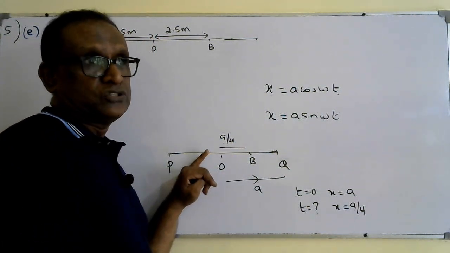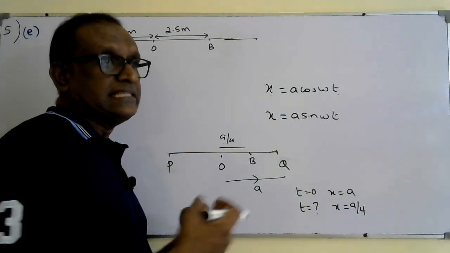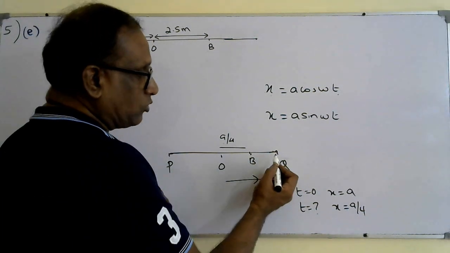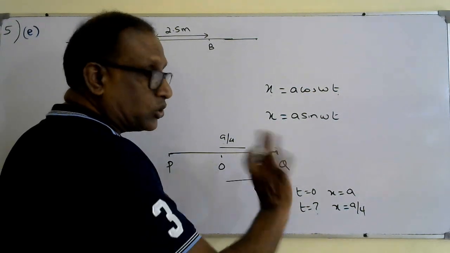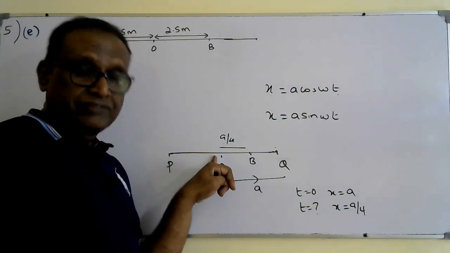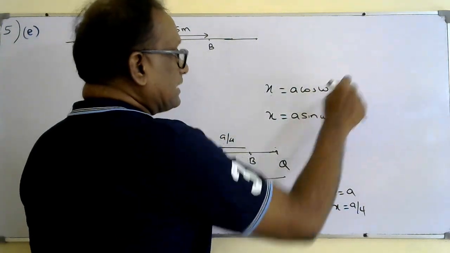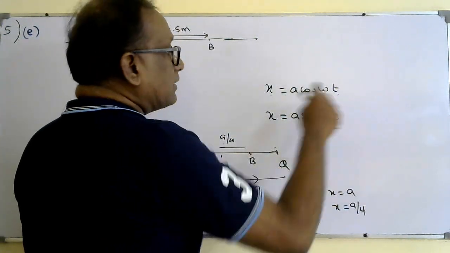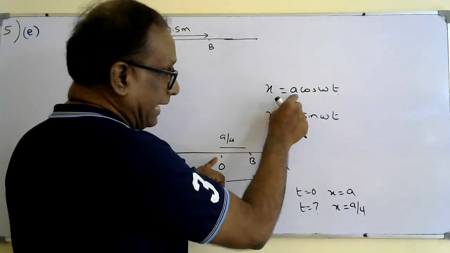Students have confusion because at O level you learned that displacement means the shortest distance between the initial and the final point. So students think when it moves from Q to B, that is the displacement. No, that is not the displacement. Displacement is measured from O. O is the reference point we take in simple harmonic motion. The meaning of this equation is that when t equals 0, the displacement is A.